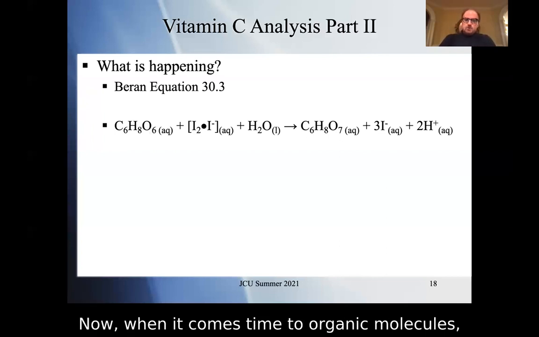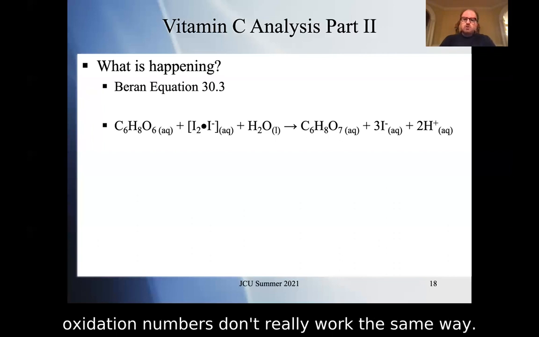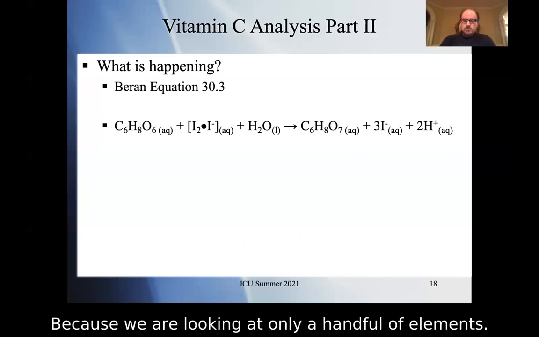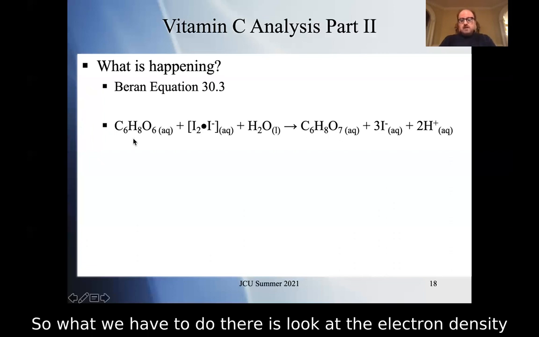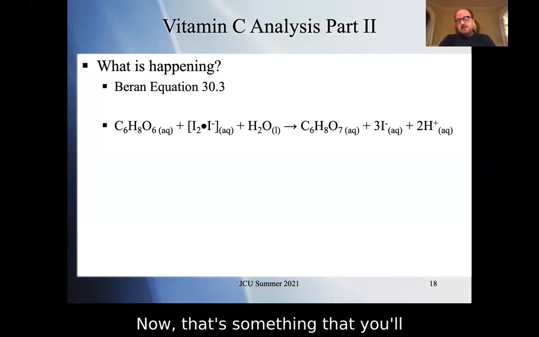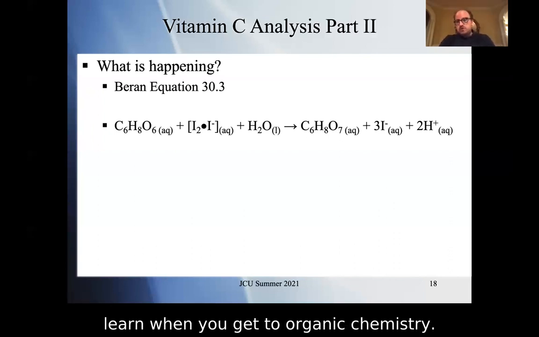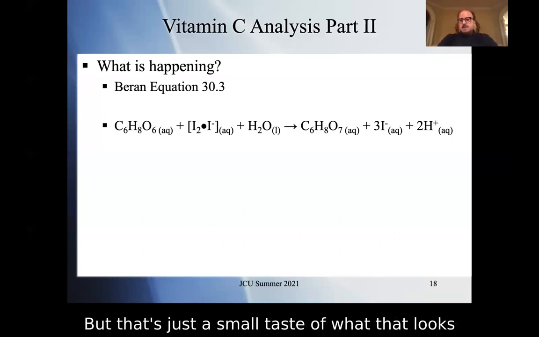Now, when it comes to organic molecules, oxidation numbers don't really work the same way because we are looking at only a handful of elements and the bonding motifs are going to change a lot. So what we have to do there is look at the electron density around the elements. That's something that you'll learn when you get to organic chemistry, but that's just a small taste of what that looks like.